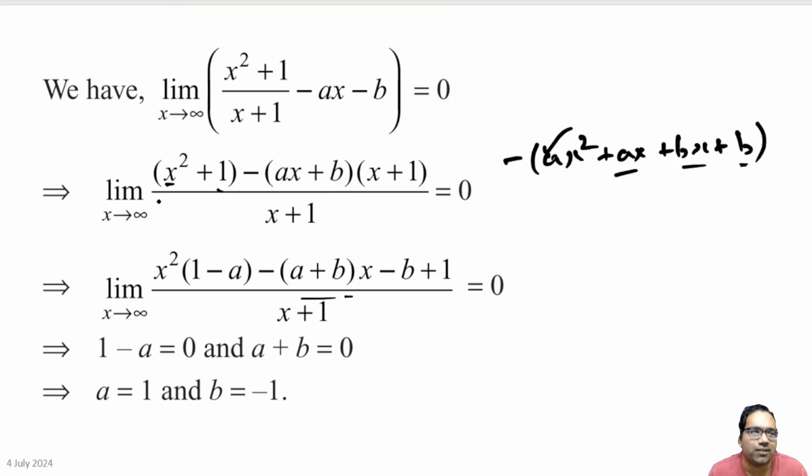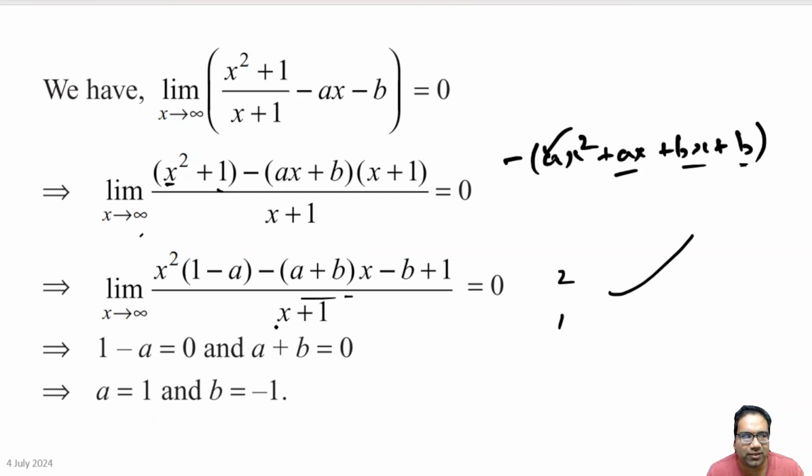Now this is a rational function, right? The numerator is of degree 2, the denominator is of degree 1. Obviously, if the numerator is of degree 2, then as x tends to infinity, this will go to infinity. You want the degree of the numerator to be lesser than the denominator. Then only it will converge to 0.